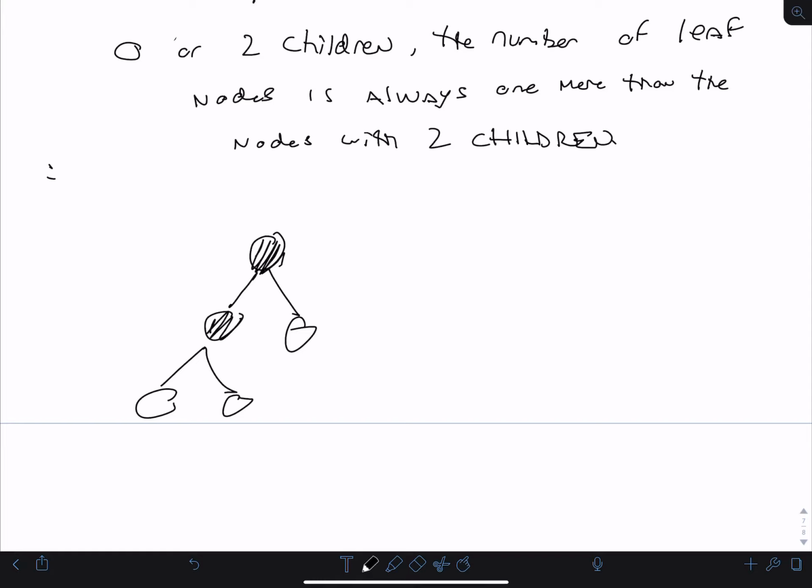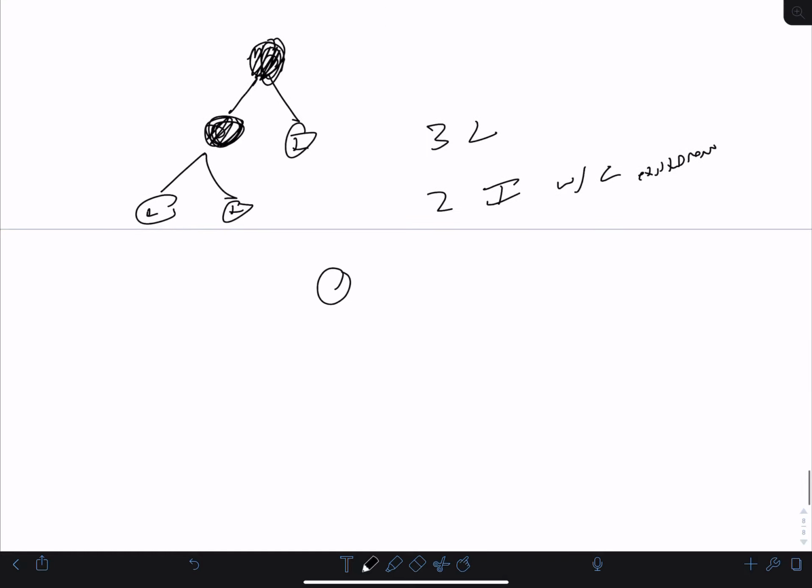This one and this one are internal nodes. Then these 3 are leaf nodes. This guy and this guy, both of the internal nodes in this case, happen to have 2 children each. So as you can see, there's 3 leaf nodes and there's 2 internal nodes with 2 children, which is what that property is saying. Let me give you another example.